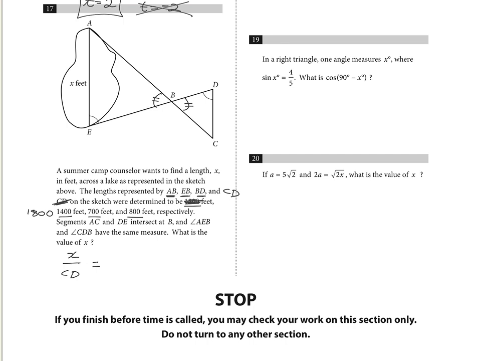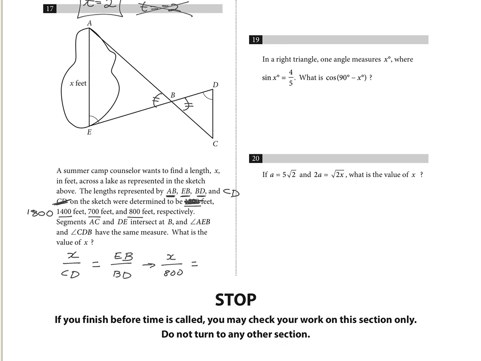And I'm going to use EB over BD. And so that will become x over CD is the fourth one, so it's 800. This makes it much easier to read the way I rewrote it.